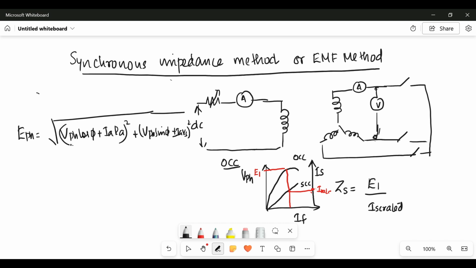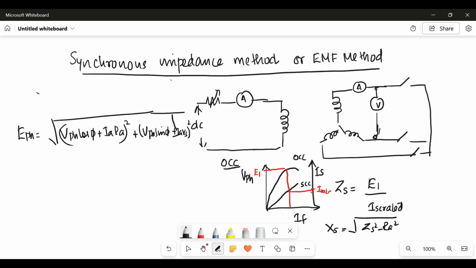From this equation, V phase is the rated voltage, cos phi is the power factor of the load, IA is the rated armature current, RA is the resistance of the armature, and XS is the synchronous reactance which we have obtained from root of ZS square minus RA square from the EMF method. From this we can find out E phase.